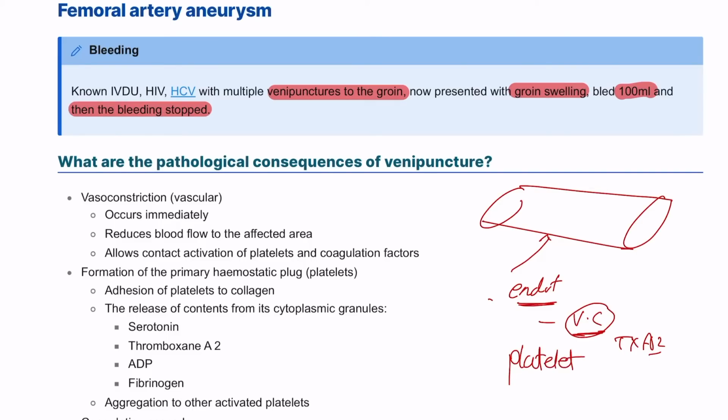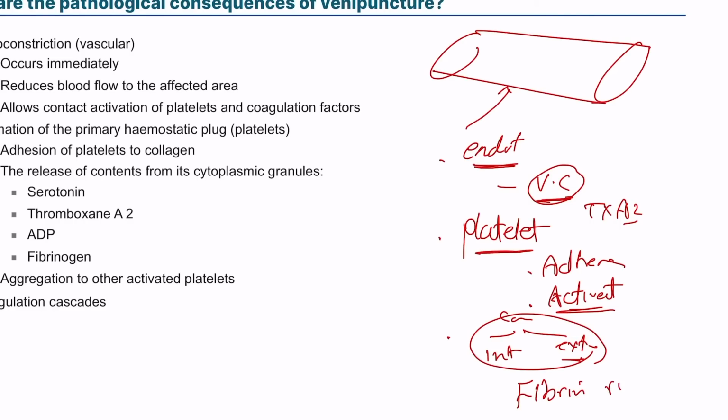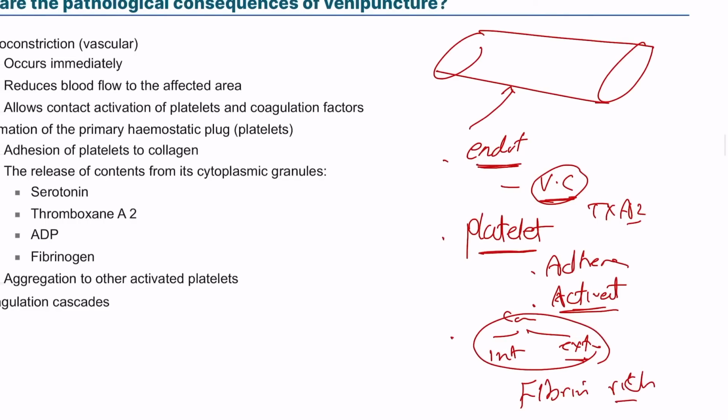The platelets will adhere to the endothelial cells with their normal function, and then will activate the coagulation cascade. The coagulation cascade, including the common, intrinsic and extrinsic pathways, will start the formation of a fibrin-rich thrombus, and that will stop the bleeding.